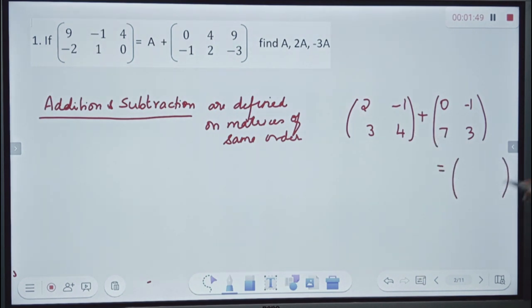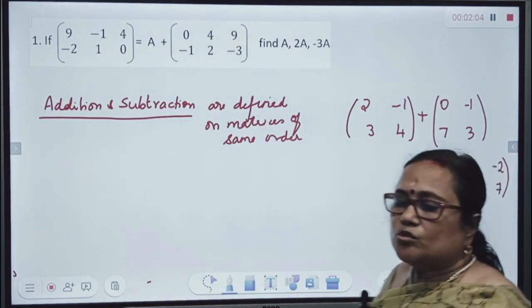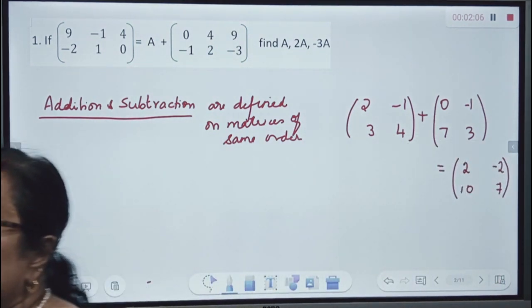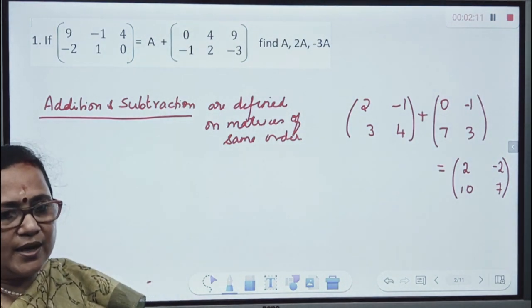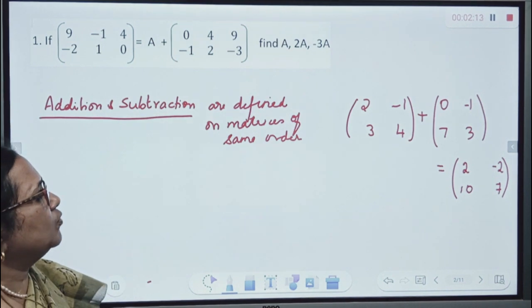So the resulting matrix will also be of the same order and addition is term by term. 2 plus 0 which is 2, minus 1 plus 1 is 0, 7 plus 3, 10, 4 plus 3, 7. That is how the operations are naturally defined. You can see that it's a natural way to add and subtract two matrices.